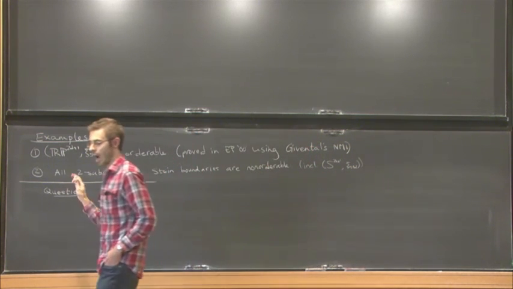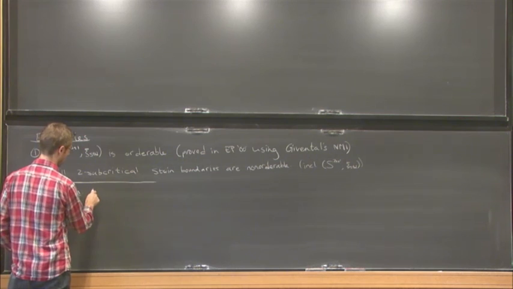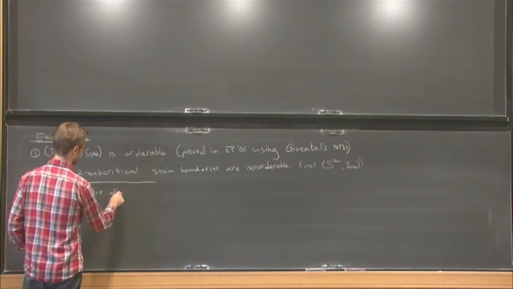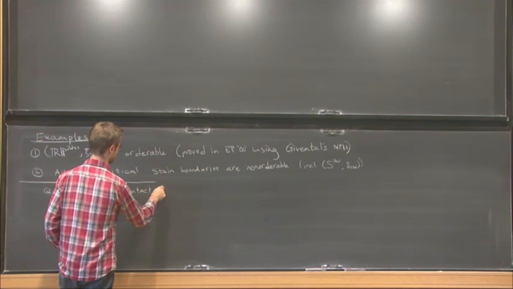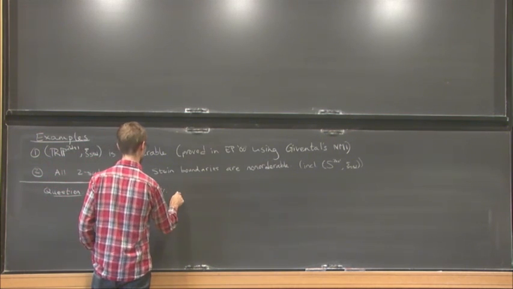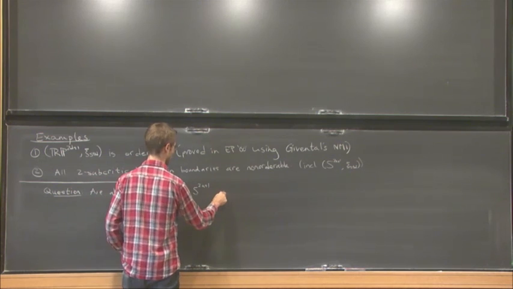So obviously there's some topology entering in here, and the question I wanted to ask is, to what extent is that somehow flexible or not? So the question is, are all contact structures on the sphere non-orderable?